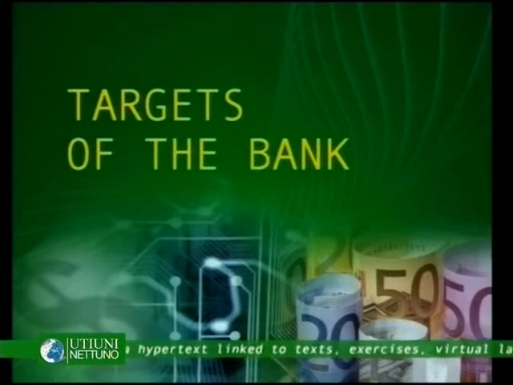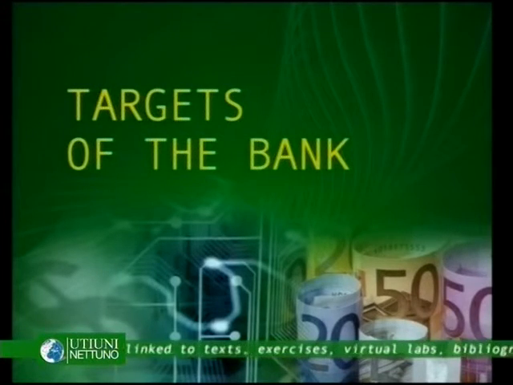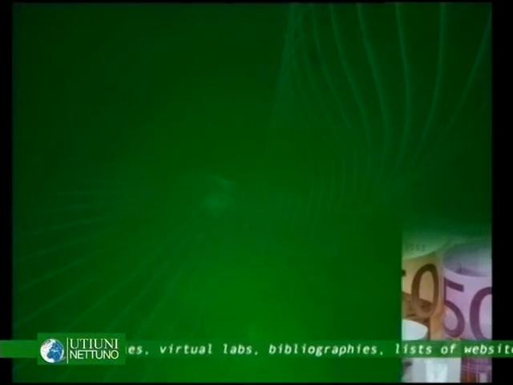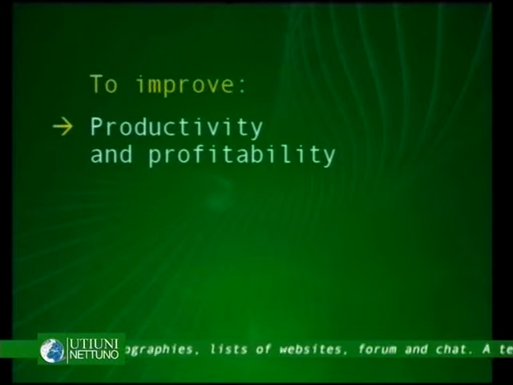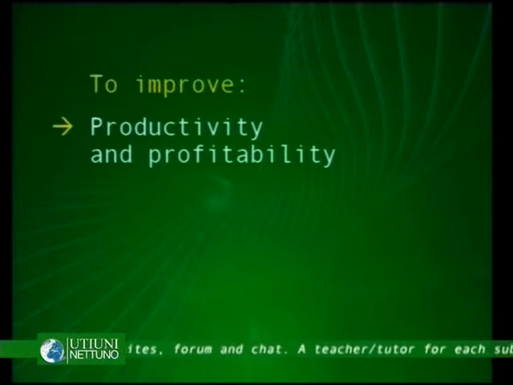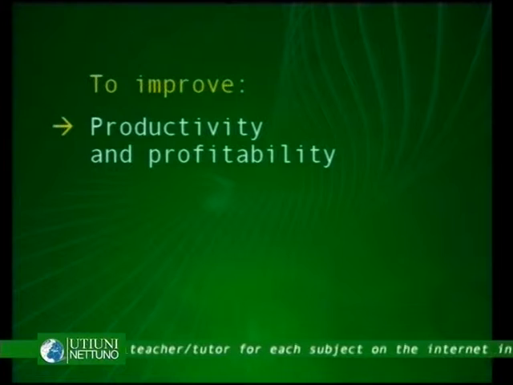Now, a few words with regard to the targets of the bank. The main target for the bank in his relationship with the small and medium-sized enterprise is to improve productivity and profitability.